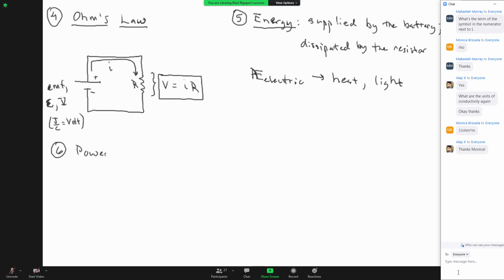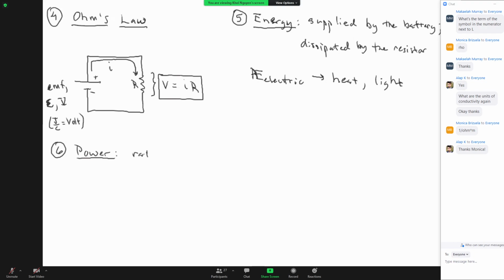The sixth thing that we need to know about work and energy. So when you think about how much energy is being used, it's not always measured in joules, right? It's always measured in some type of wattage. And that's power.